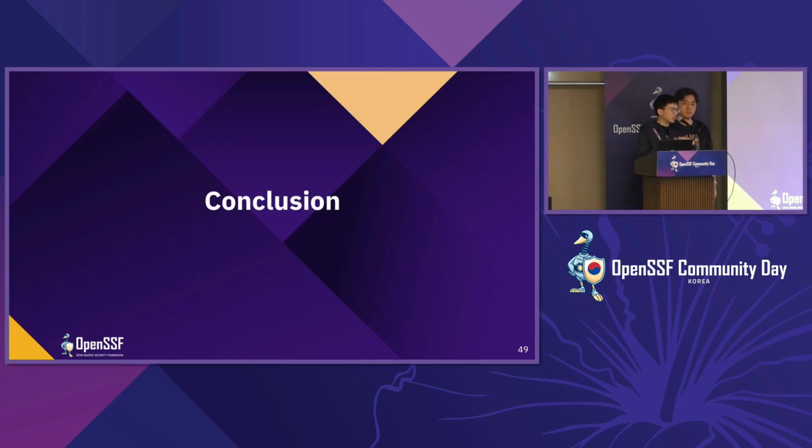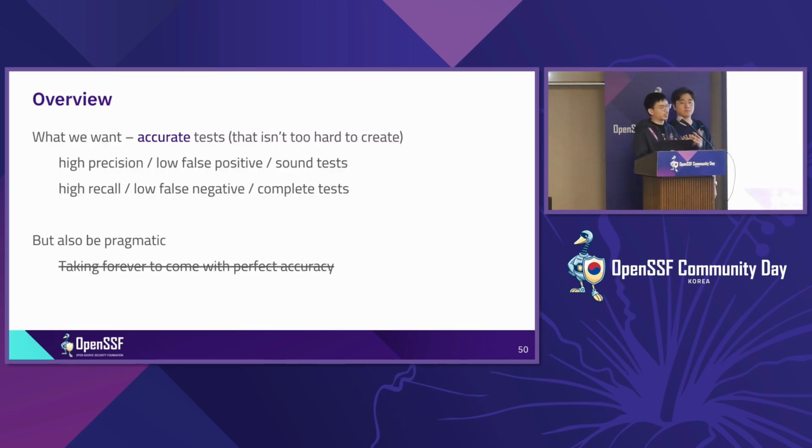And to take an even further step back, I think the bigger question is to ask what we actually want in Linux kernel testing, and testing in general. We want accurate tests, which basically translates to tests that are highly precise. So when the test fails, you want to be very sure that there's an actual bug. At the same time, we also want to have high recall.